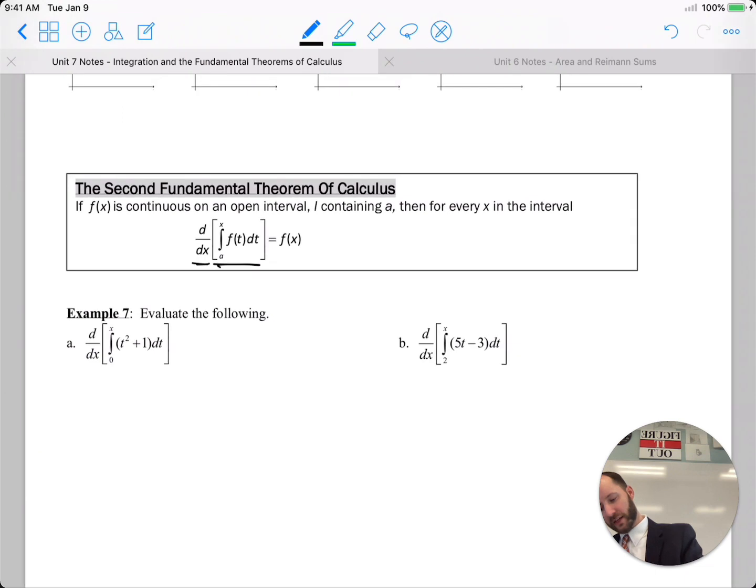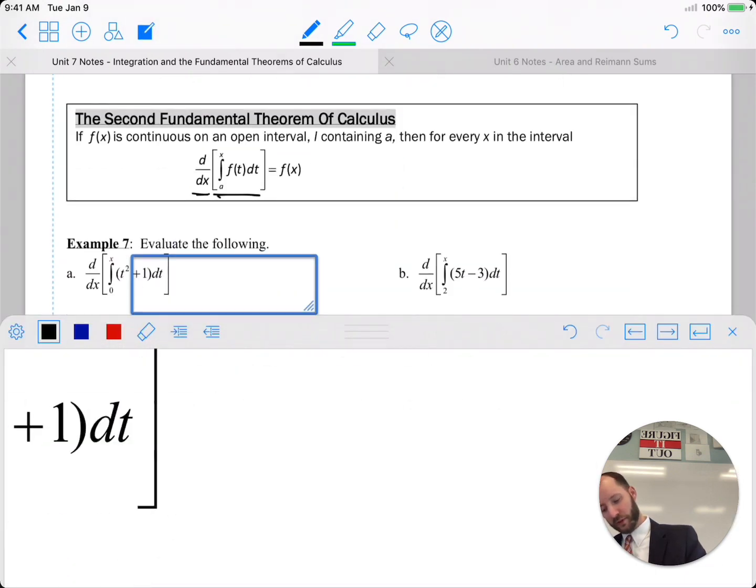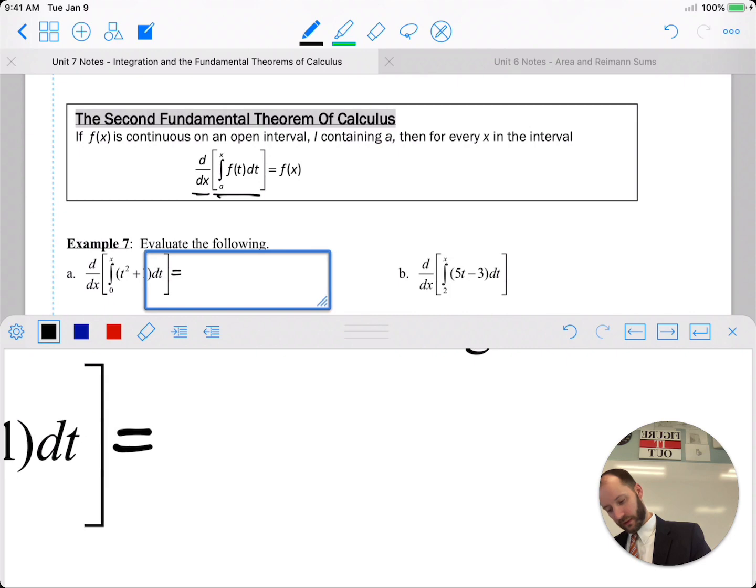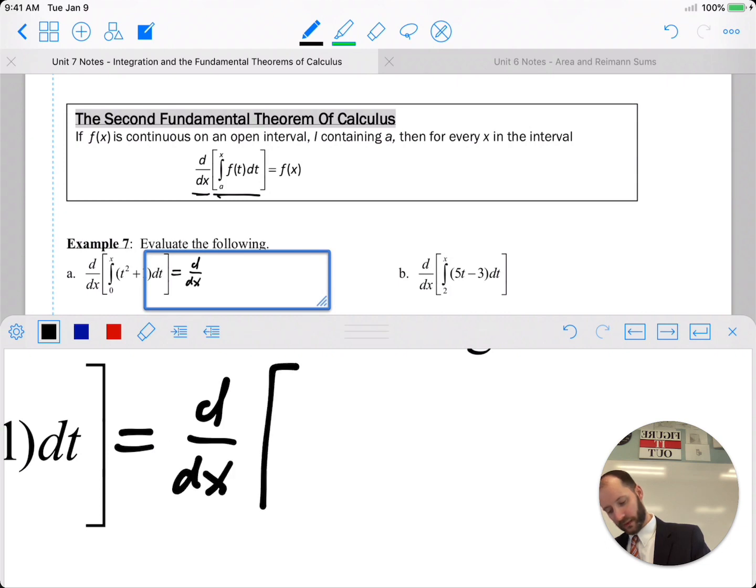So let's work through an example or two, and see it happen in action, okay? So we have d/dx, and we're going to evaluate our antiderivative, so our general integral.